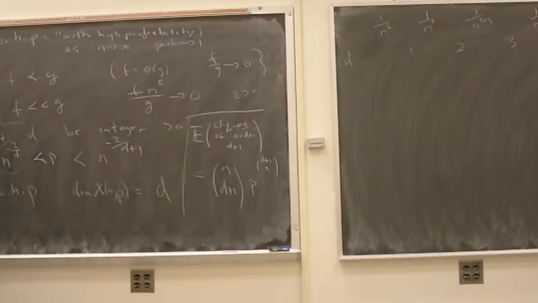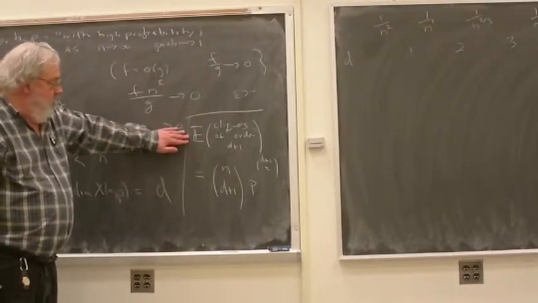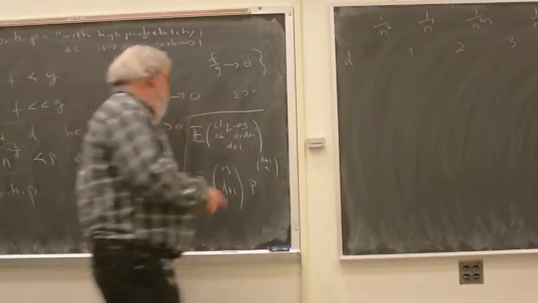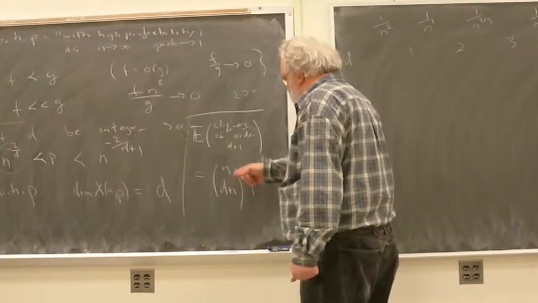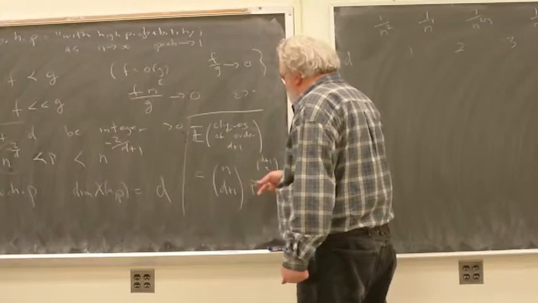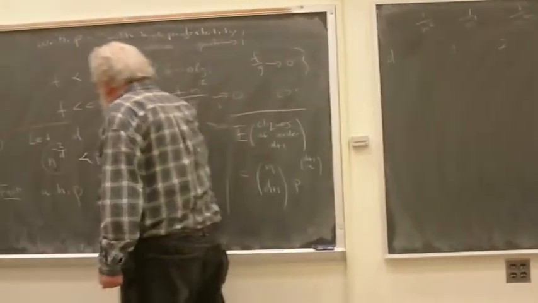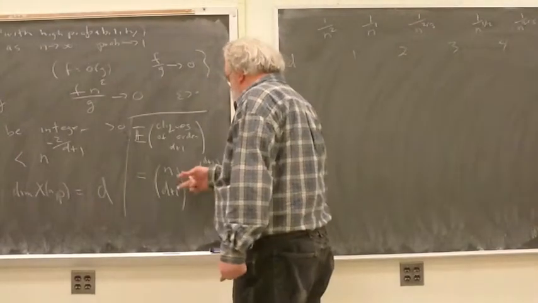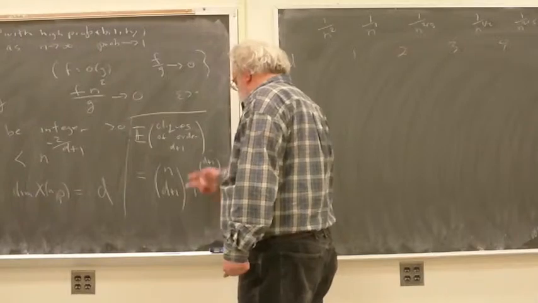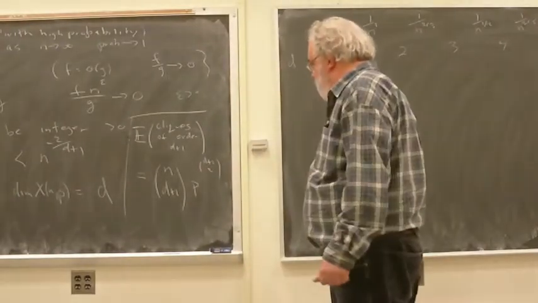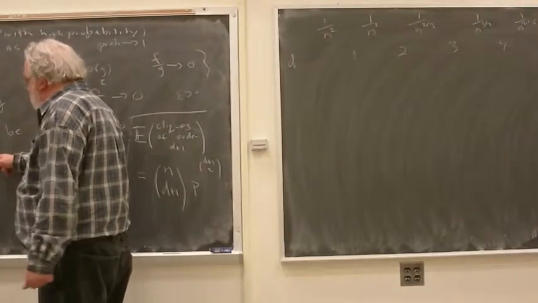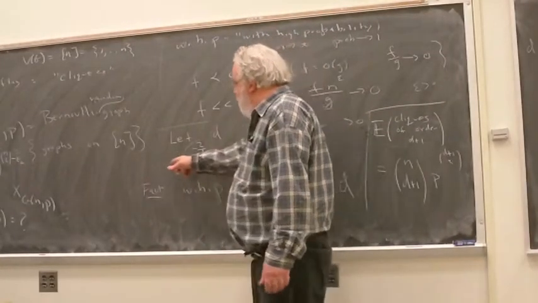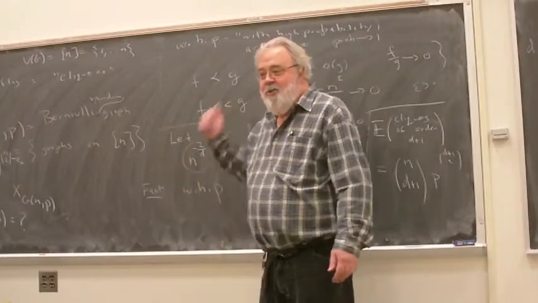By linearity of expectation, that's the expected number of d-dimensional simplices. If you think of p as a power of n, this whole thing is roughly some power of n, and if you put in p equal to n to the minus 2 over d, it comes out to be a constant, the same order as n to the 0. So the real result is that when p is bigger than this, it has d-dimensional simplices, and when p is less than it, it doesn't have d-dimensional simplices. So that's where it is.